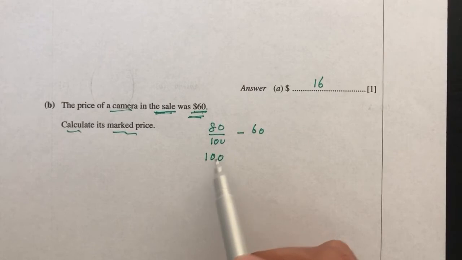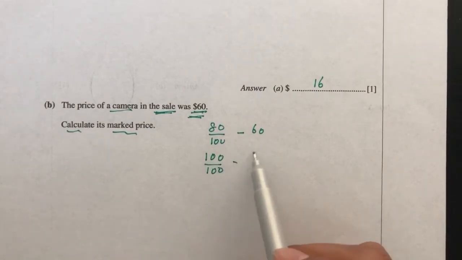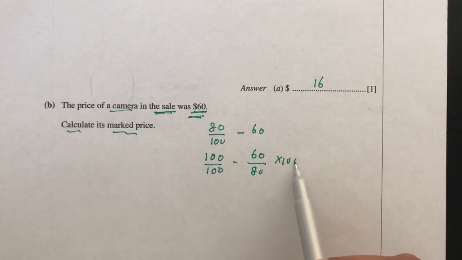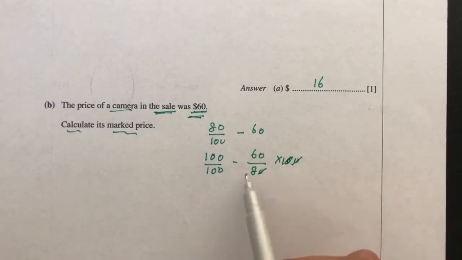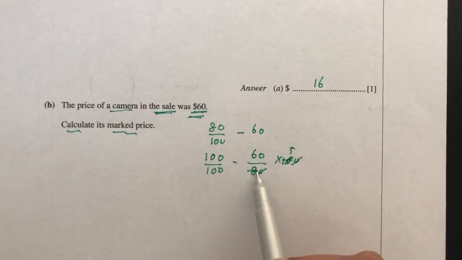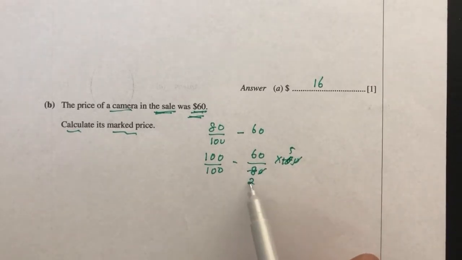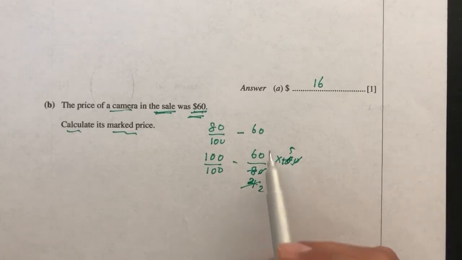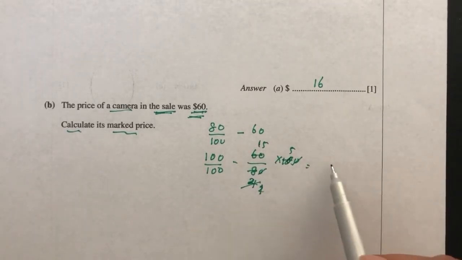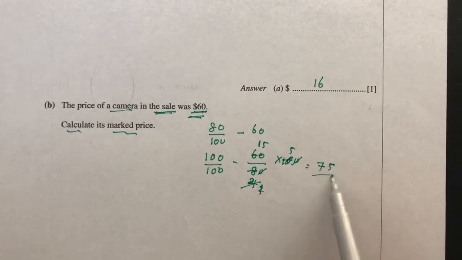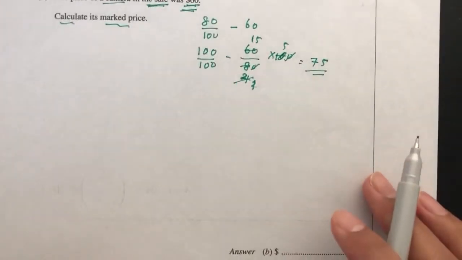So 100% represents 60 divided by 80 times 100. Divide by 2, we have 5 and 4 here, divide by 2 again, 4 over 1, 15, so 15 times 5 will be 75. So your answer for part B will be $75.